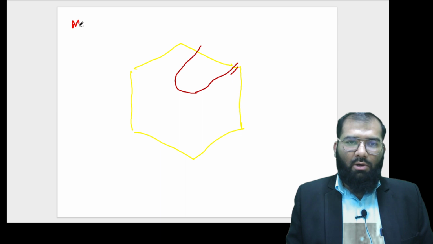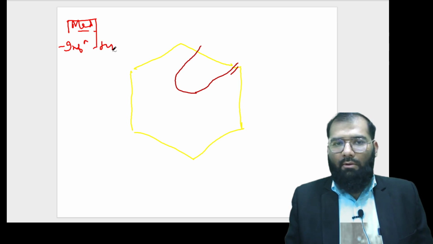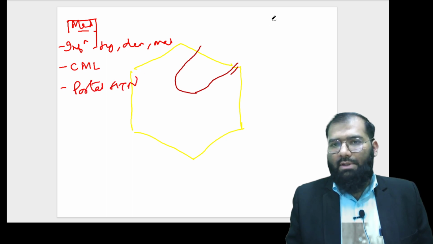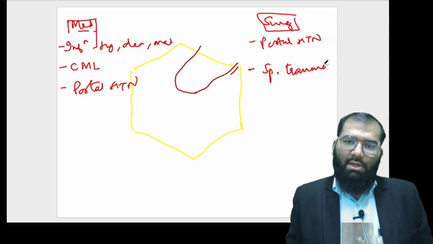Whether the patient belongs to a medicine category, so whether the patient has an infective etiology like typhoid, dengue or malaria, kala azar, or is a case of CML, or portal hypertension. When the patient comes from the surgical side, again you have to rule out portal hypertension with collaterals as an important cause of splenomegaly. Another important thing to rule out is splenic trauma in the form of hemoperitoneum or splenic lacerations.